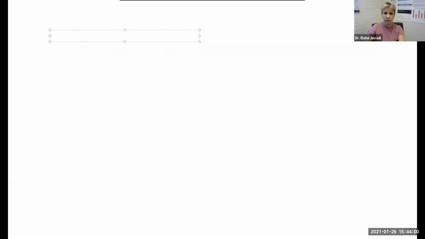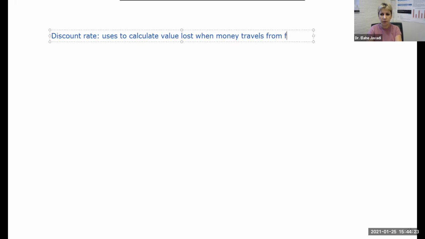So discount rate is the value, money, or percentage one uses to calculate the value lost when money travels from future to the current time. So you think that you're gonna get $20 a year from now, but that's a year from now. That money is worth less today.